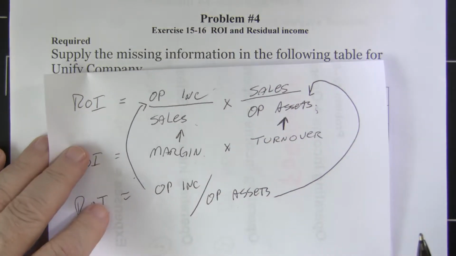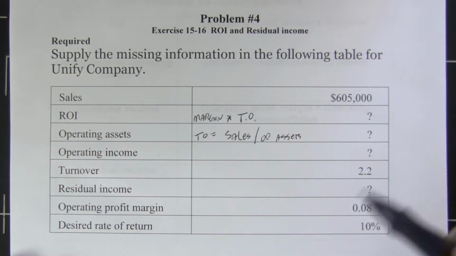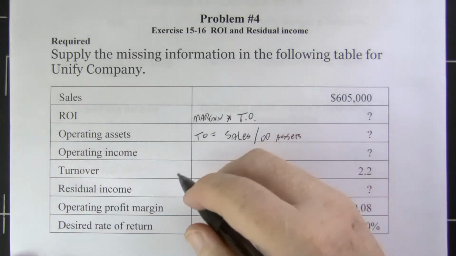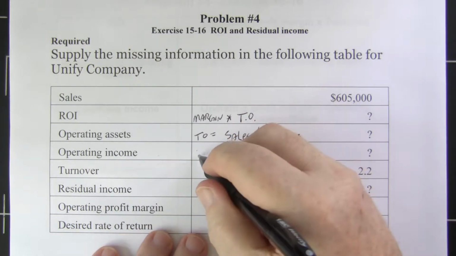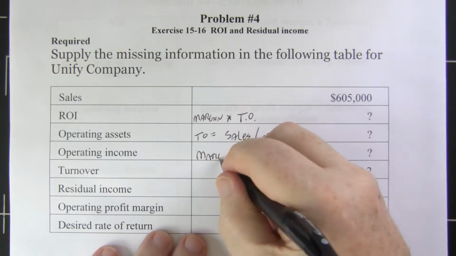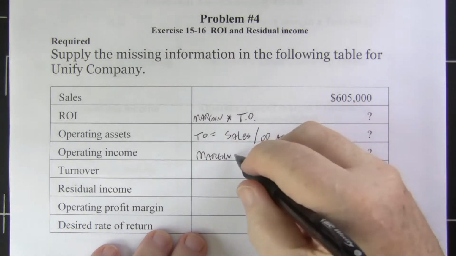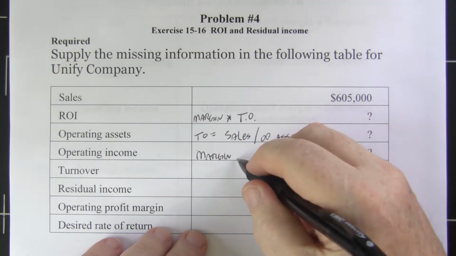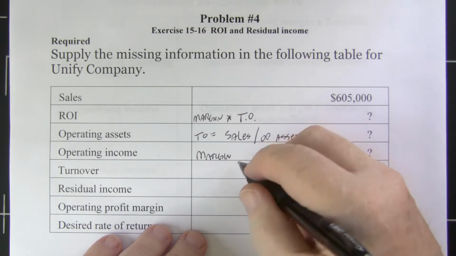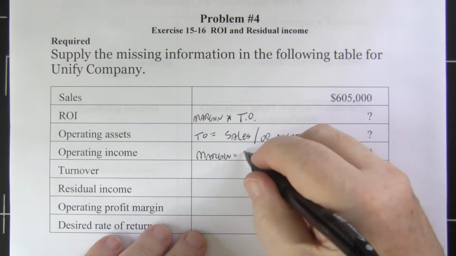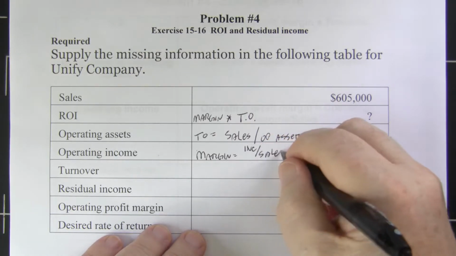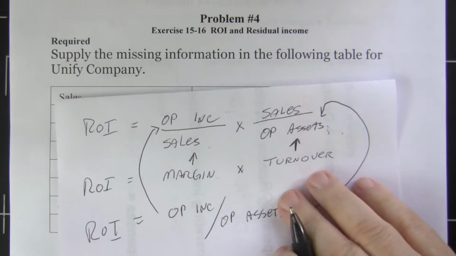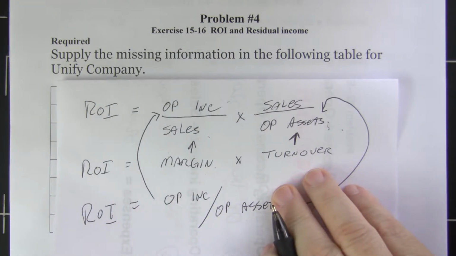So we start with margin, and we're given the margin, and that's income divided by sales.